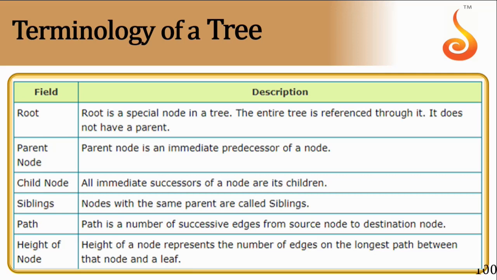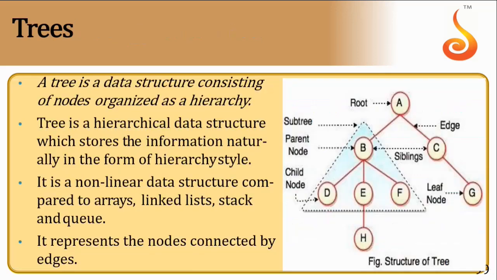That is a node. And next is root. The top node in a tree is called a root. Root is a special node in a tree. The entire tree is referenced through it. It does not have a parent. As you can see, there are no nodes above A, so A is the root. Everything is below A.